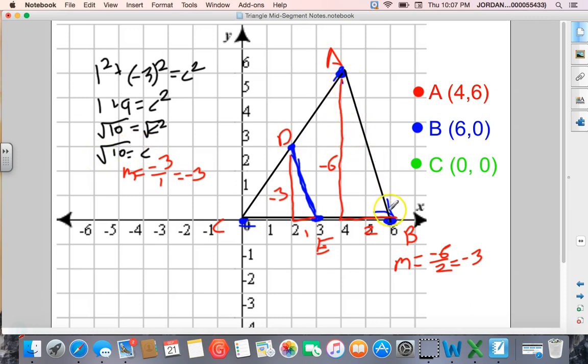Do the same thing for AB. So we've got 2 squared plus negative 6 squared equals C squared. 2 squared is 4. Negative 6 squared is 36. So we get 40 equals C squared.